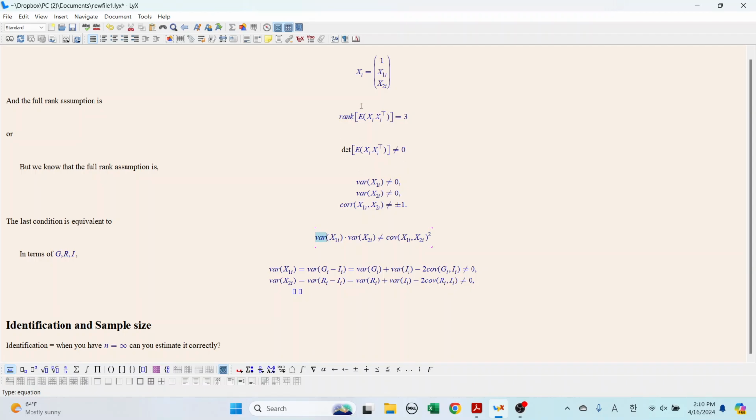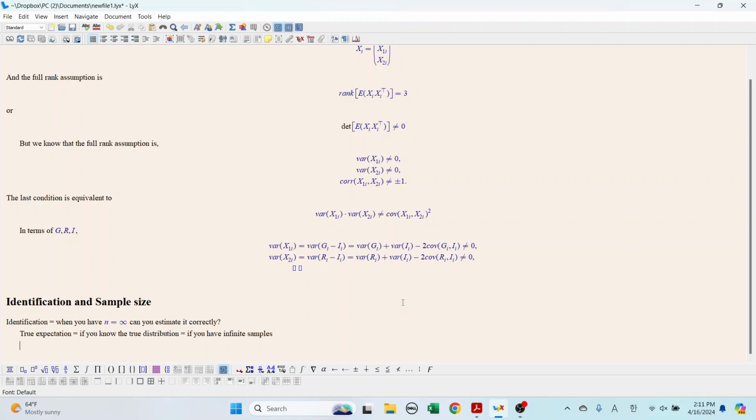Here, these variances, expectations and correlations are true population quantities. The true expectation is what you get if you know the true distribution, which means if you have infinite samples. The sample mean is a different thing: if you only have finite observations, the sample mean could be different from the true mean.